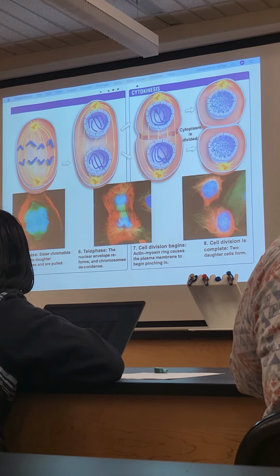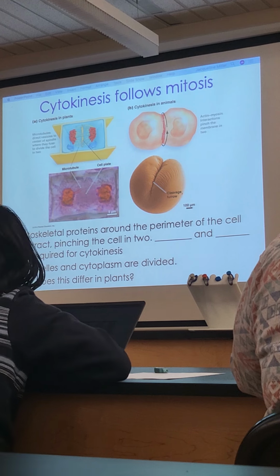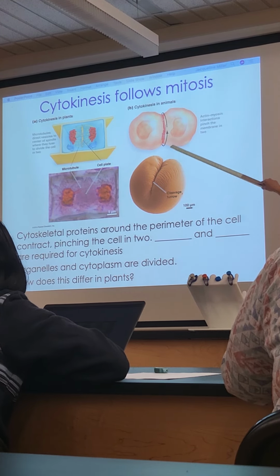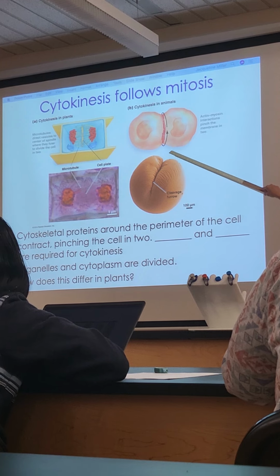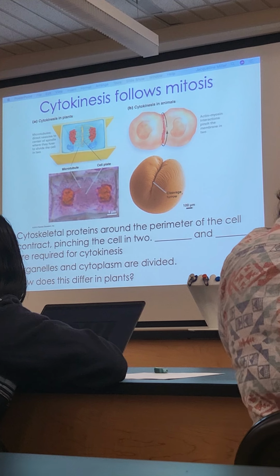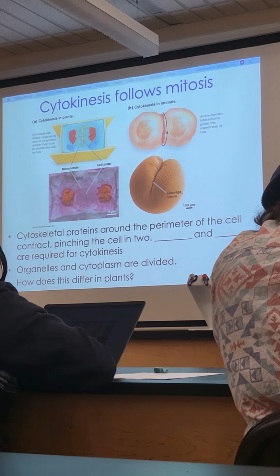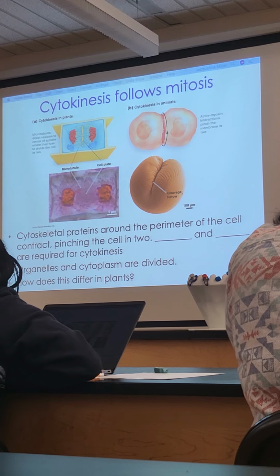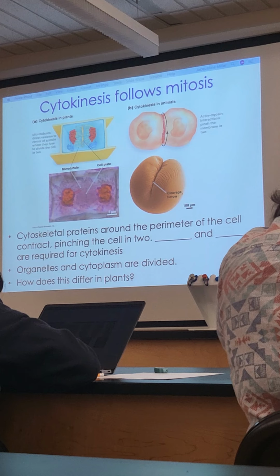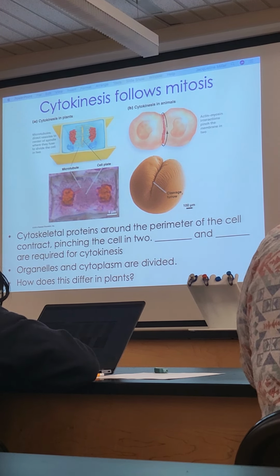I have a picture of that cytokinesis event. So for animal cells, they do form this cleavage furrow. And the two proteins that do this are actin and myosin. So let me write those in here. Actin, those are microfilaments, and myosin, those are the motor proteins that interact with actin and they shorten.